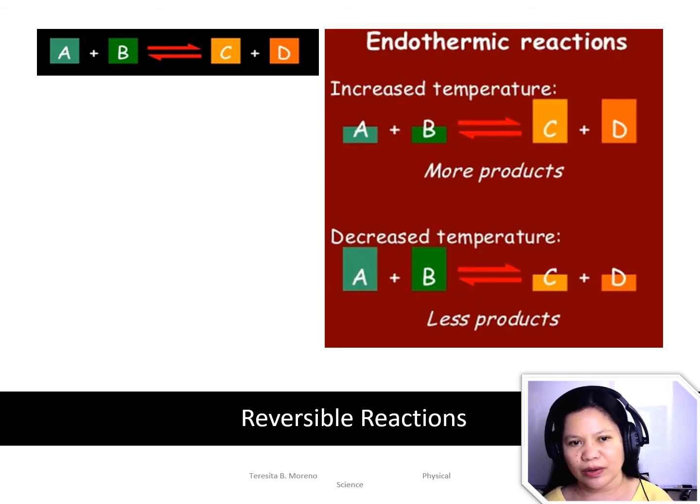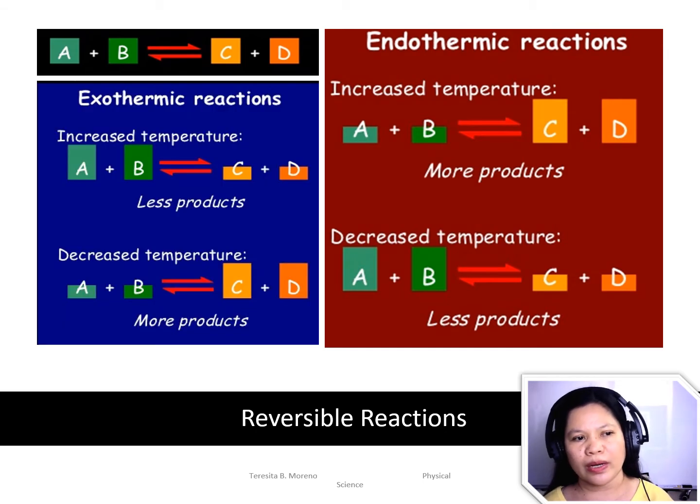Whether it is an endothermic reaction, when the temperature is increased, more product is produced. But when decreasing the temperature, less product is produced. Or when it is an exothermic reaction, when there is an increase of temperature, less product is produced. But if there is a decrease in temperature, more product is produced.